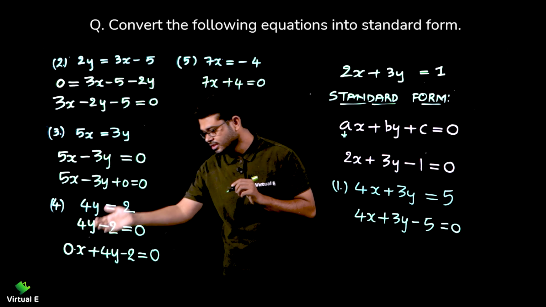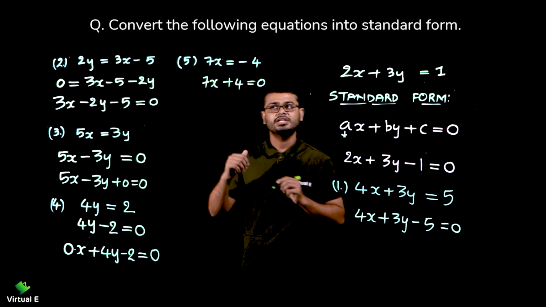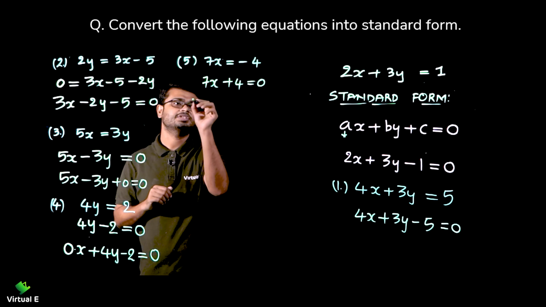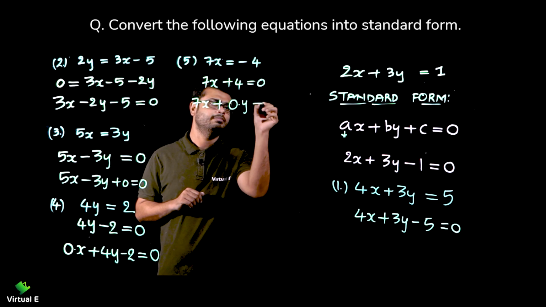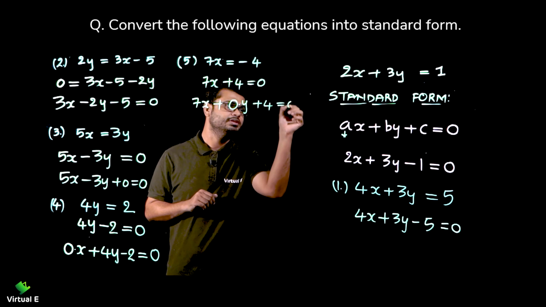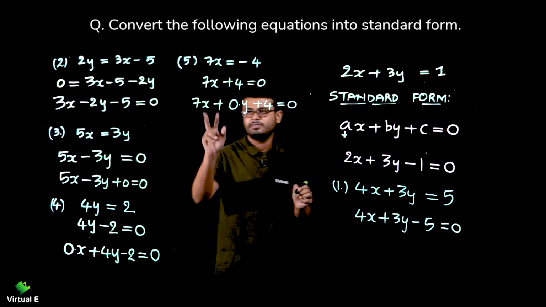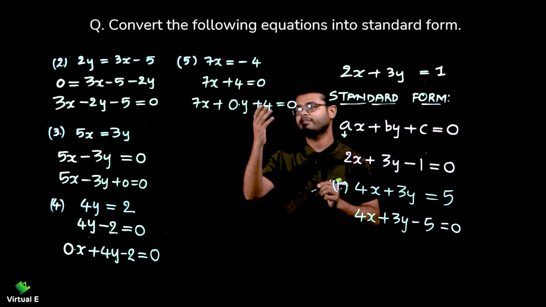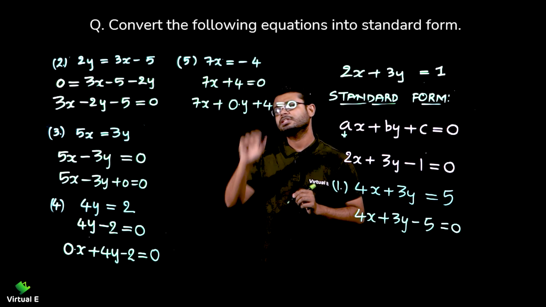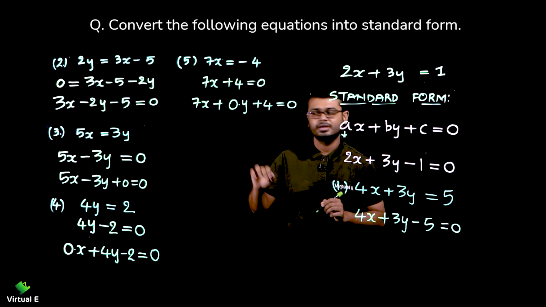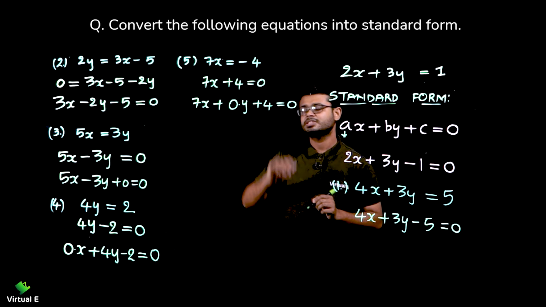Same as this one, the coefficient of y will be 0 in this case. So 7x plus 0y plus 4 is equal to 0. We have two variables, x and y, and we have a constant as well, right? And if you simplify, you will still get the 0 here, so that is 7x plus 4 only.